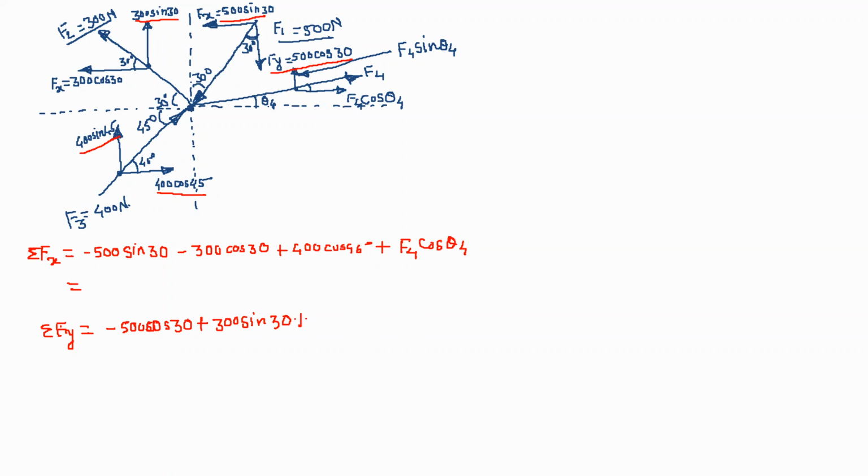Again it is plus. And the unknown force component Fy, it is F4 sine theta 4. So plus F4 sine theta 4. So for the calculation, just add these values and keep the unknown value as it is in the summation Fx.